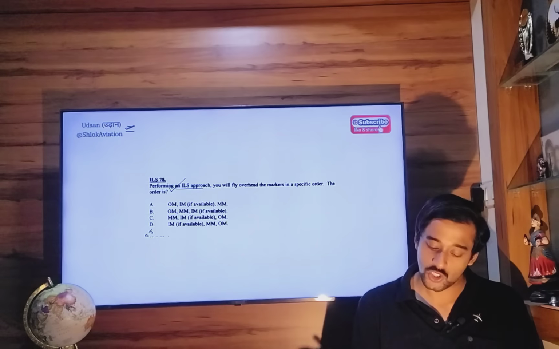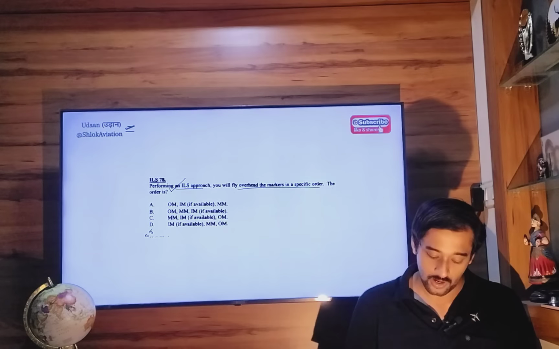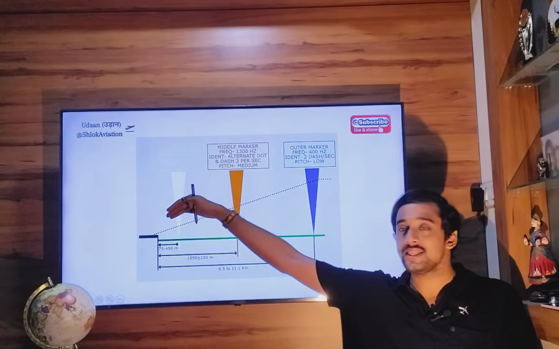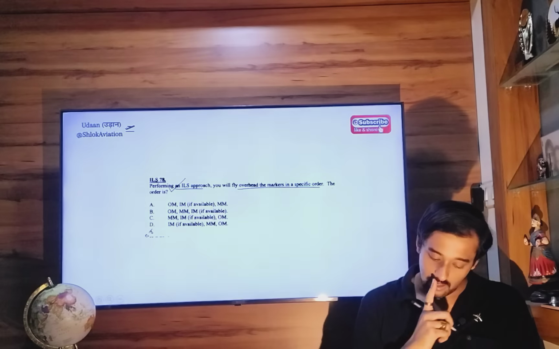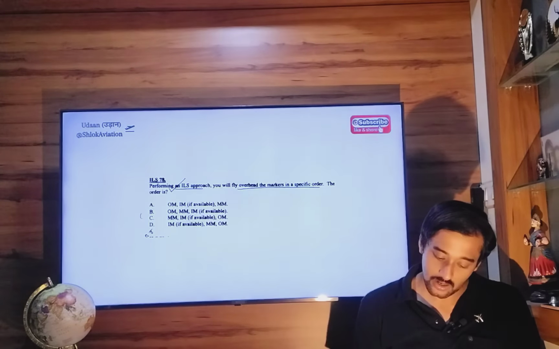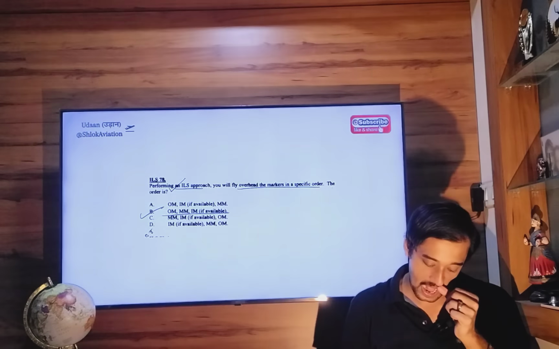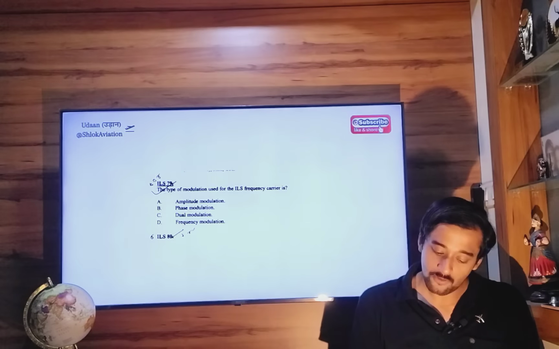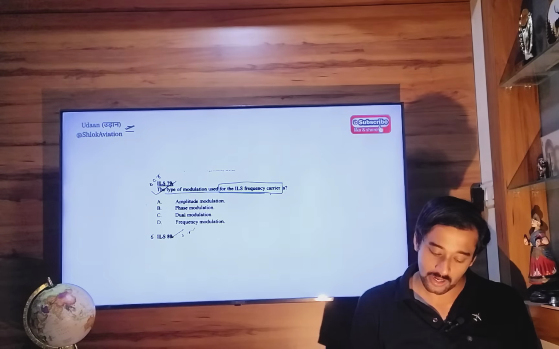During an ILS approach, you fly overhead the markers in a specific order. So first you will fly the outer marker, then the middle marker, then the inner marker, if that is available. The type of modulation used for the ILS frequency is amplitude modulation.